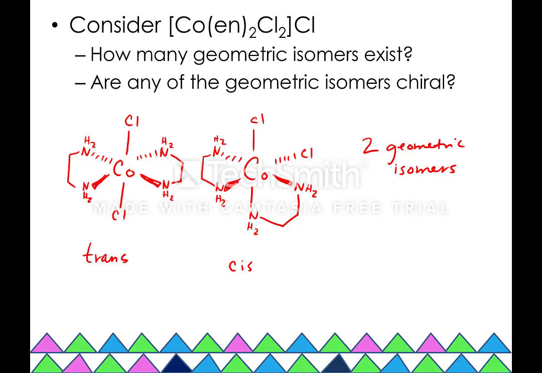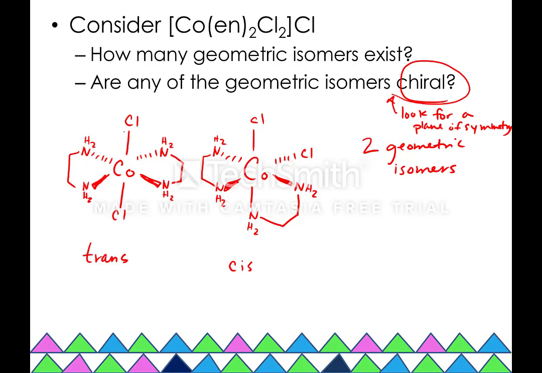The other thing we need to look at is whether either of these is chiral. To figure out if something is chiral, we want to look for a plane of symmetry. If there is a plane of symmetry, then it will be achiral. If there's no plane of symmetry, then it will be chiral.